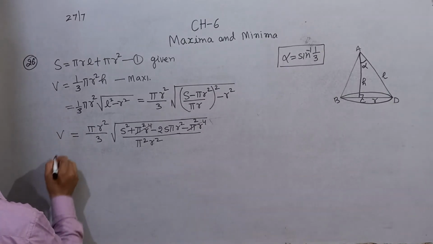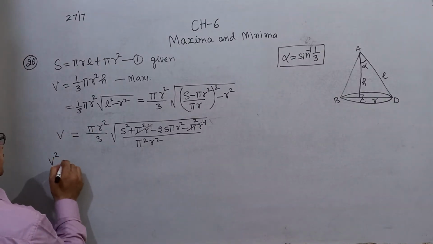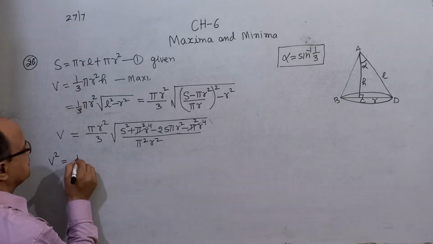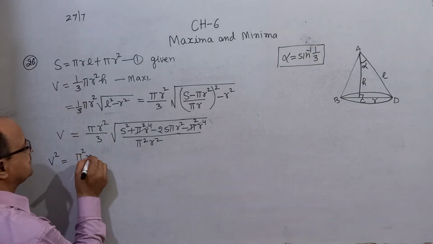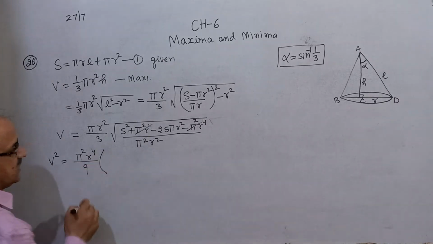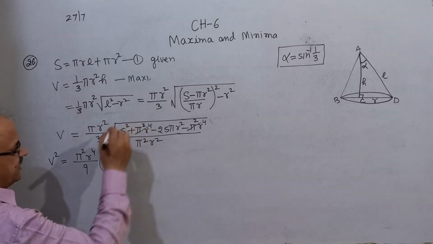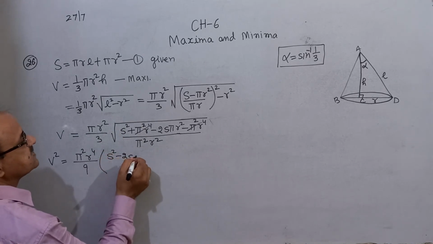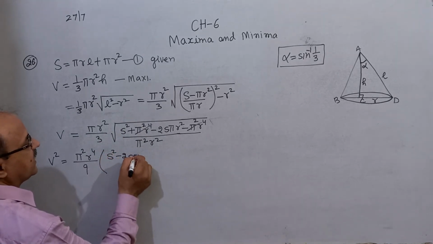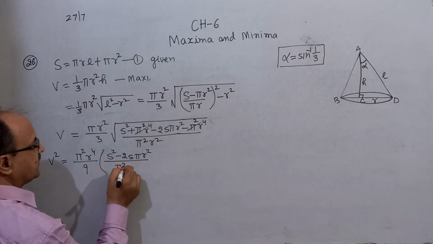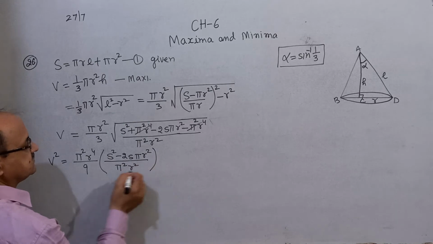Now squaring both sides, Z square equals pi square R to the power 4 upon 9 times (S square minus 2 S pi R square) upon pi square R square.